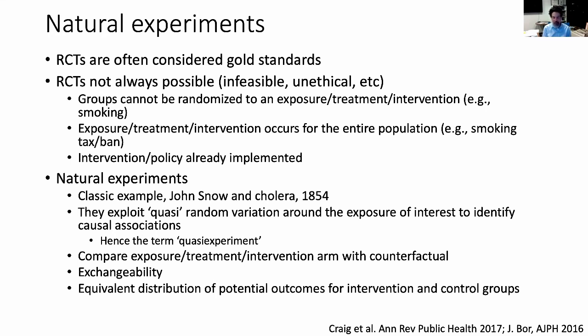Two neighboring houses could be served by a completely different water supply company, and so it was essentially a random assignment or a natural experiment, and it allowed him to ask whether or not the water supply could be a determinant of the risk of cholera and cholera deaths.